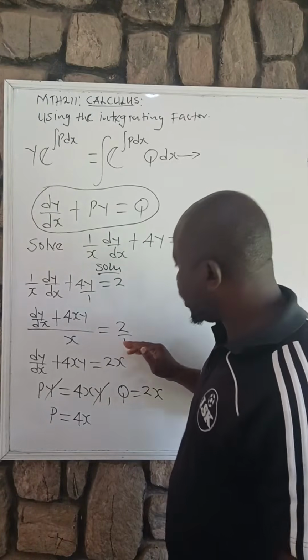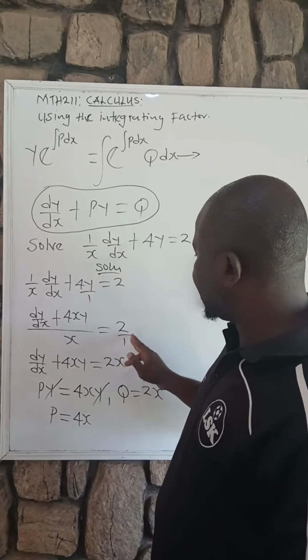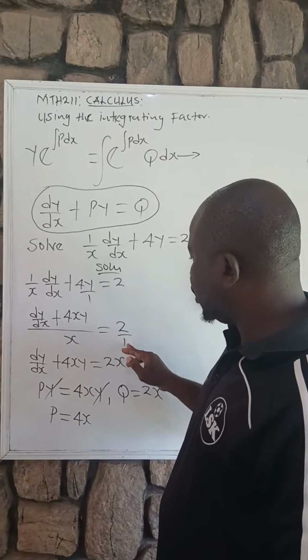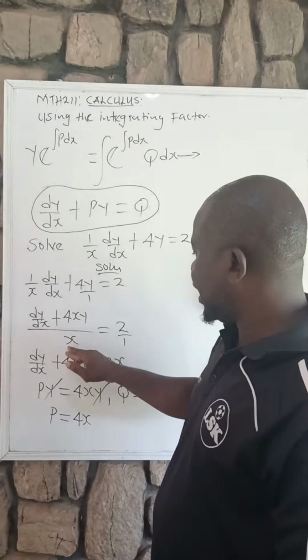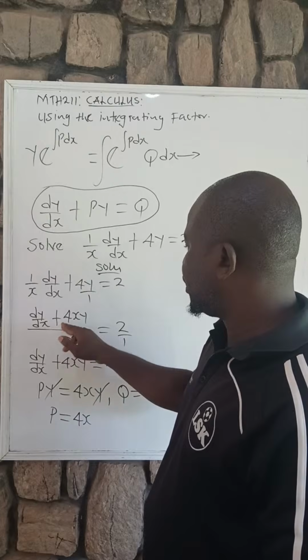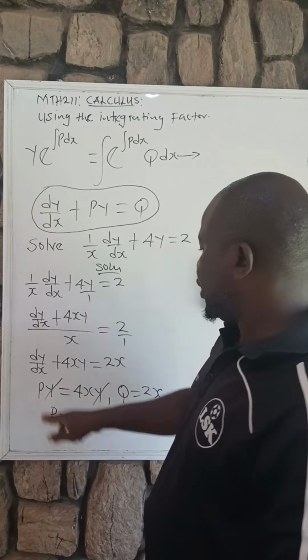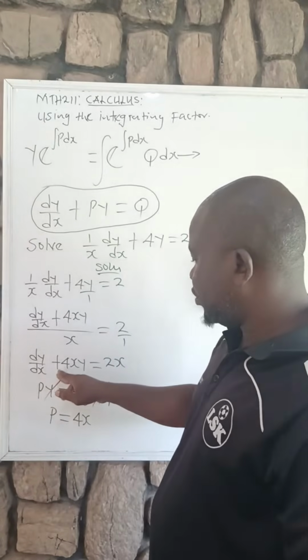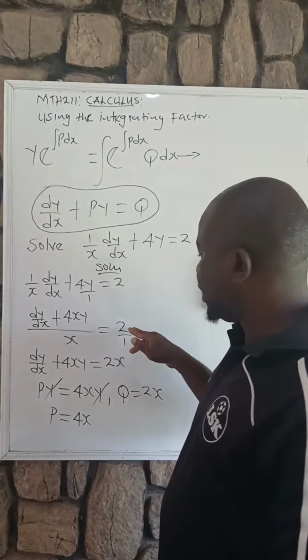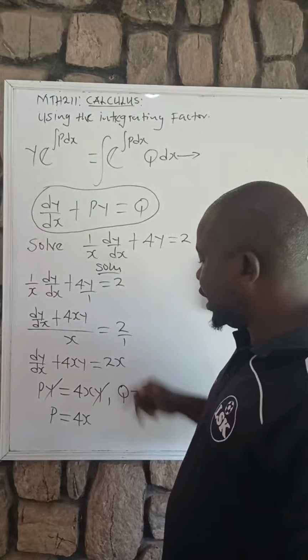At this point, we have to cross multiply. Mind you, there is an invisible 1 here, 2 all over 1, then this all over x. So when you use x to multiply dy over dx plus 4xy, and x to multiply 2, you are going to have dy over dx plus 4xy equals 2x.